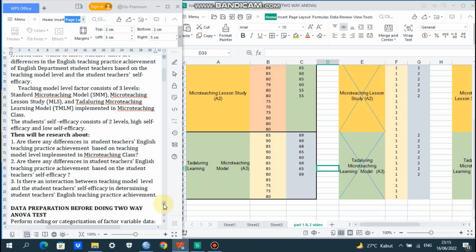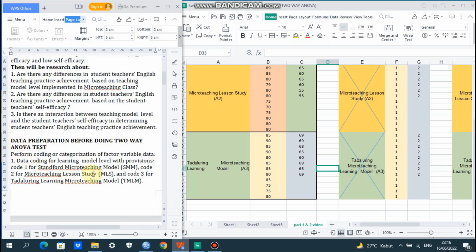Student teachers is the other name of teacher candidates. Number 2, are there any differences in student teachers' English teaching practice achievement based on the student teachers' self-efficacy? And number 3, is there an interaction between teaching model level and the student teachers' self-efficacy in determining student teachers' English teaching practice achievement?